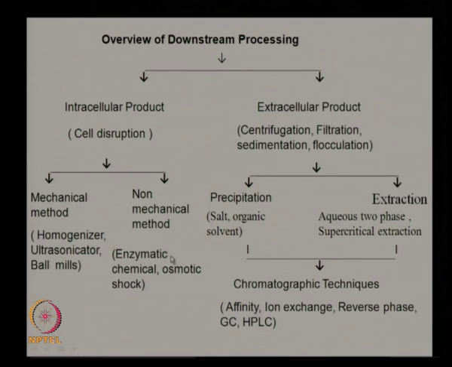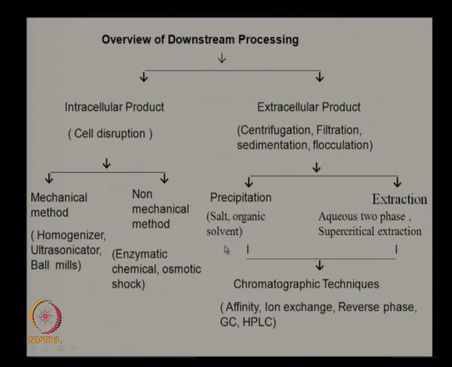Once you have done that, you can go to the right hand side for the product isolation and the product purification. So product isolation will contain things like precipitations, extractions. The precipitation may contain using a salt, or an organic solvent. Extraction can be using a solvent like acetone or chloroform or ethyl acetate, or you can use even water, or techniques like supercritical extraction.